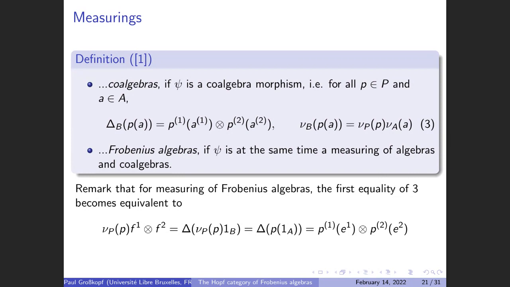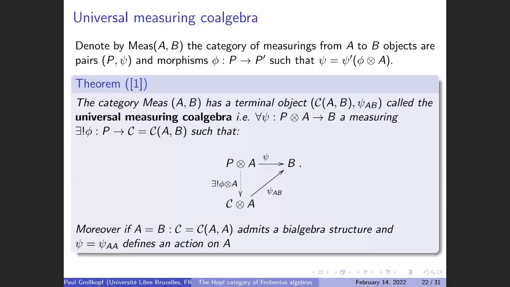So this is just the definition of one measuring, but I want to specify which measuring I use. And luckily, there's a theorem that there's a universal one. So there exists a specific measuring from some structure A to a structure B. This holds in different ways, but specifically in our case, if I have two Frobenius algebras A and B, then there exists a universal coalgebra such that any other co-measuring factors through my universal measuring.